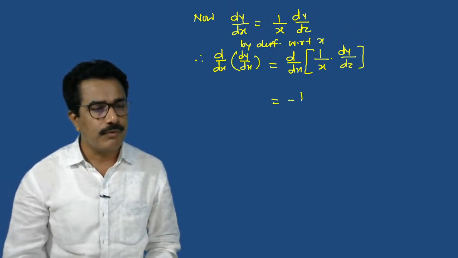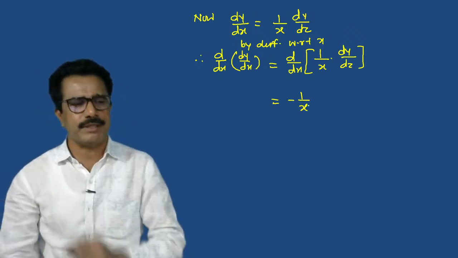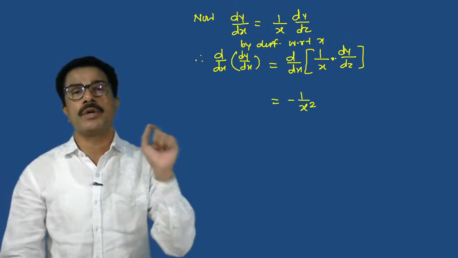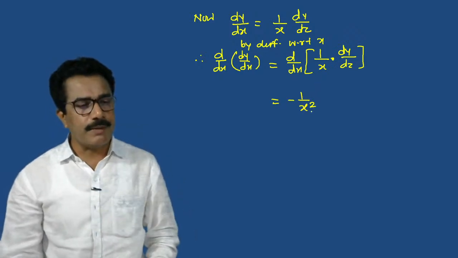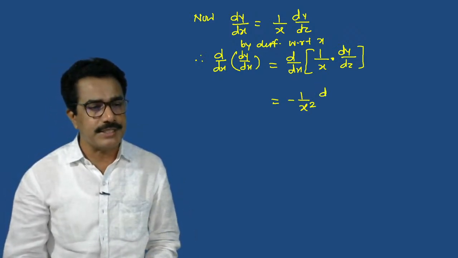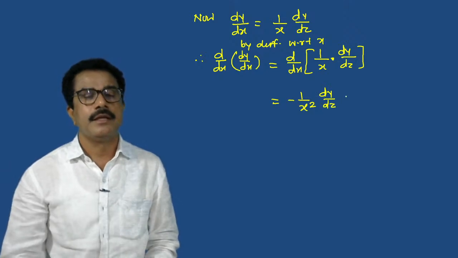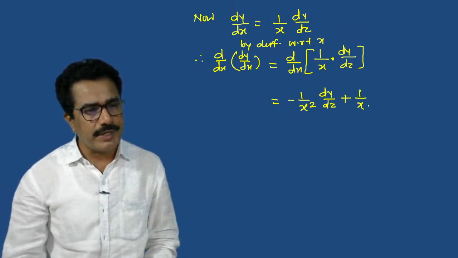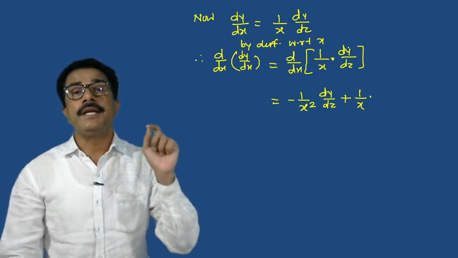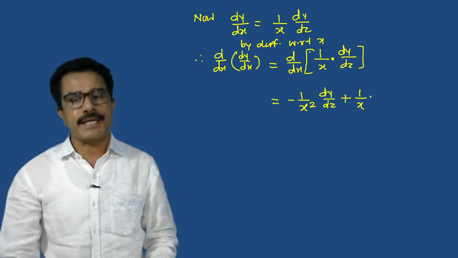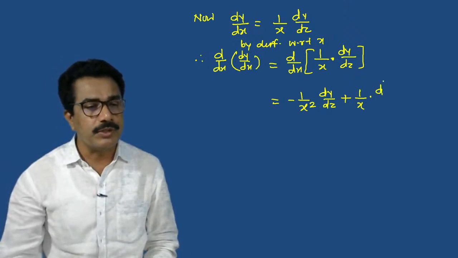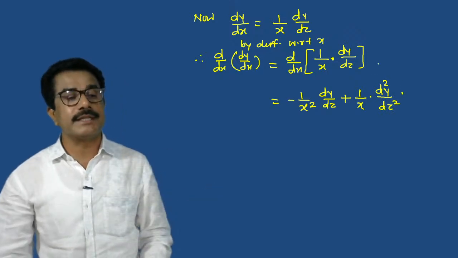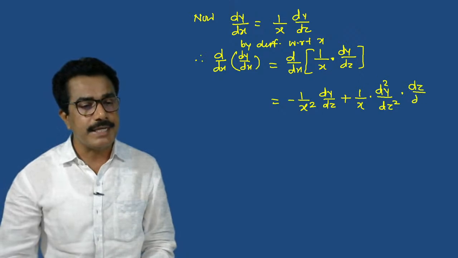Derivative of the first: what is the derivative of 1 upon x, students? We have to use the product rule. The derivative of the first, 1 upon x, is minus 1 upon x square, and the second is dy by dz, plus the first, which is 1 upon x, into the derivative of the second, dy by dz, with respect to x. How do we take it? It is d2y by dz square into, again we have to take the derivative with respect to z, dz by dx.